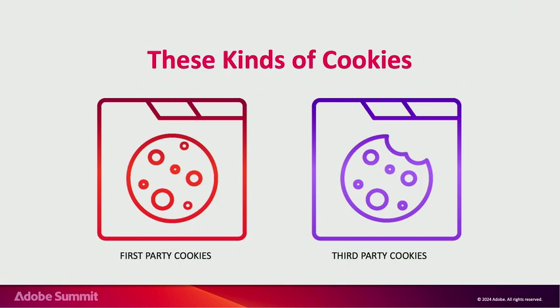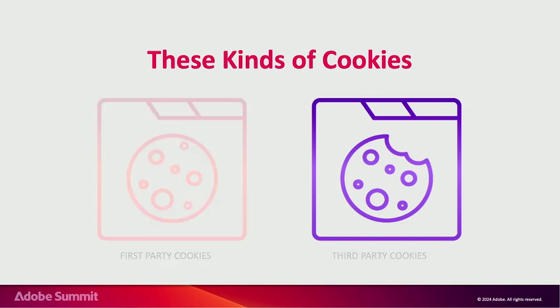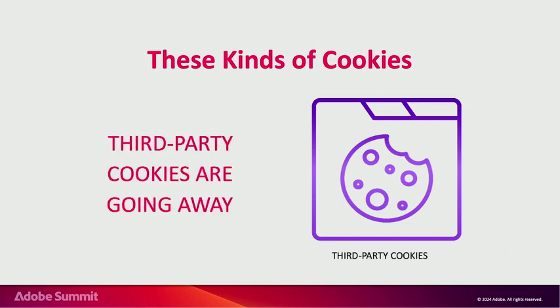So if you're on Adobe.com and you have an Omniture.com cookie, that's considered a third-party cookie. These cookies are usually used for online advertising purposes, tracking users across domains. And man, they were great, in the heady days when I first started at Omniture, because third-party cookies were a thing. But unfortunately, with third-party cookies, these are going away.